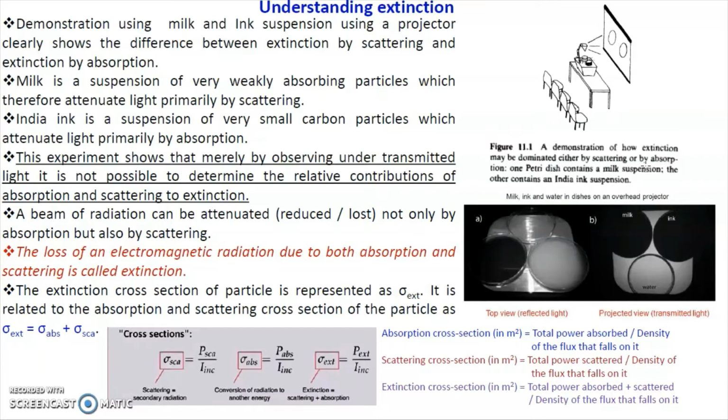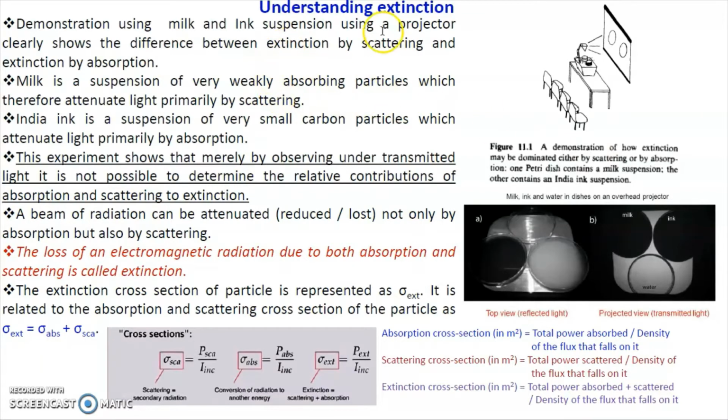But you are not familiar with the term extinction. So let us try to understand what extinction is, because once you understand it, it will help us to understand the optical properties of metal nanoparticles.